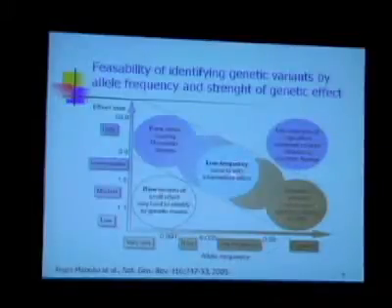If we look for low-frequency variants or even more rare variants, whose effect sizes are greater, they are not typically looked after in genome-wide association study. So we are talking in genome-wide association study of variants with a minor allele frequency around 5%, while low-frequency variants would be between 0.5% and 5%.